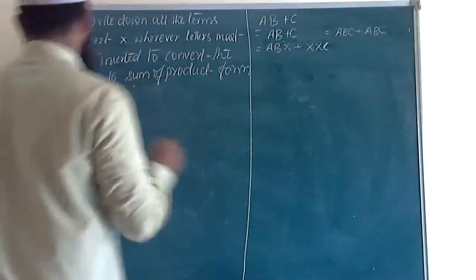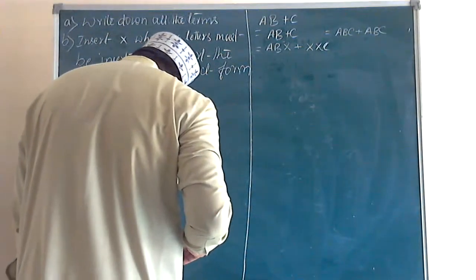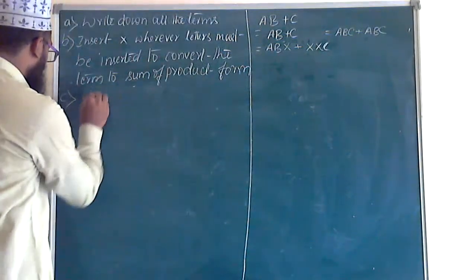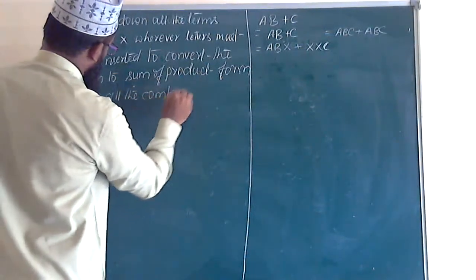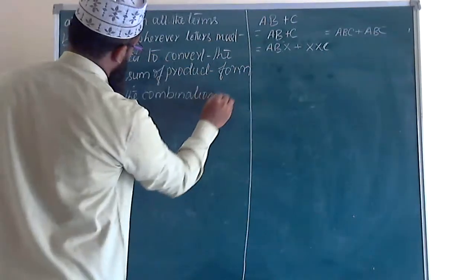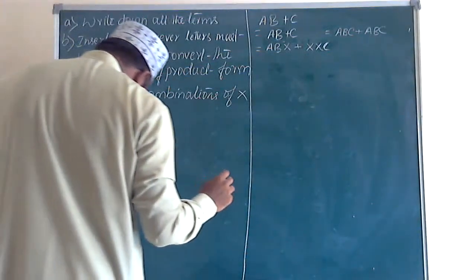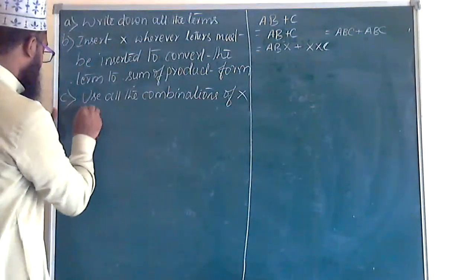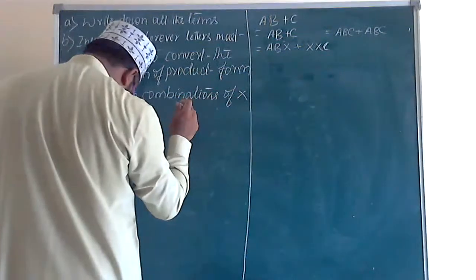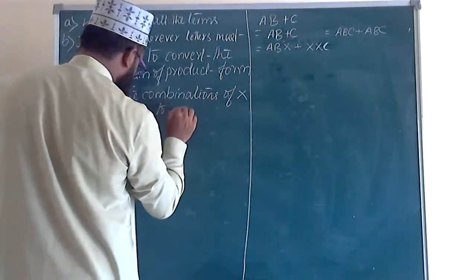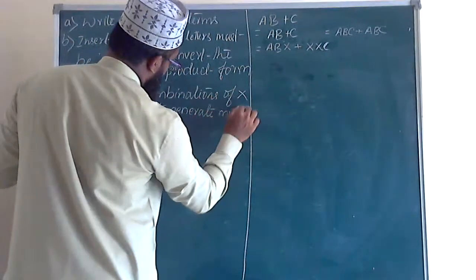Then third point, write down the combinations of X. Use all the combinations of X in each term to generate min term.